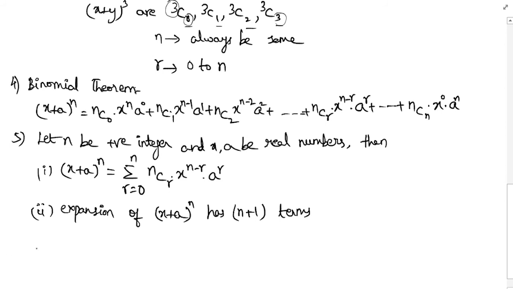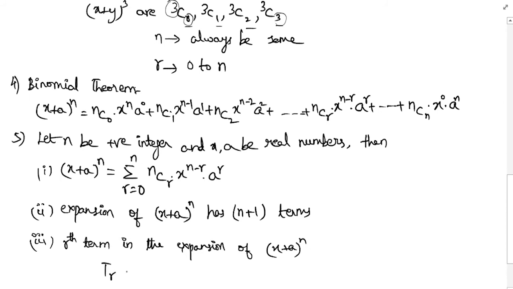And the rth term in the expansion of (x + a)^n can be written as t_r = nC(r-1) x^(n-r+1) a^(r-1), okay. There is a condition here: 1 ≤ r ≤ n + 1.